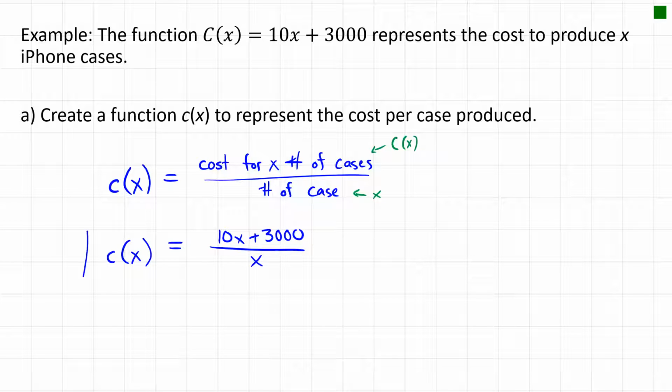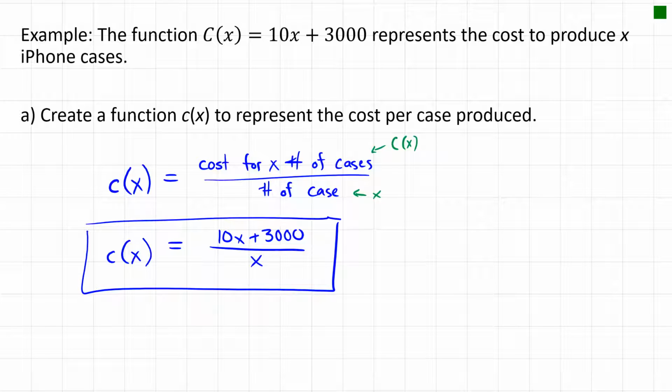So that's our function c of x. So that's how we're going to begin. That's a quick example of writing a rational function for a situation. And now what we're going to try to do is to solve an inequality problem that uses this rational function.